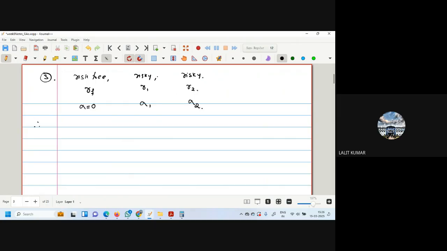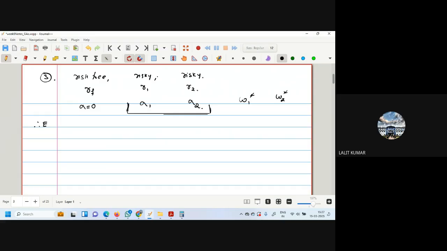Now, how to solve this kind of question? First of all, you only consider the 2 risky assets. So you find W1 star and W2 star, so you get what should be the weights of these 2 risky assets in a portfolio.